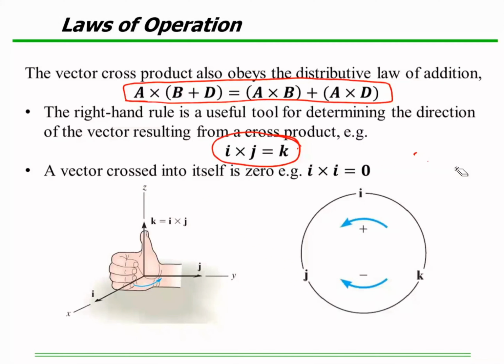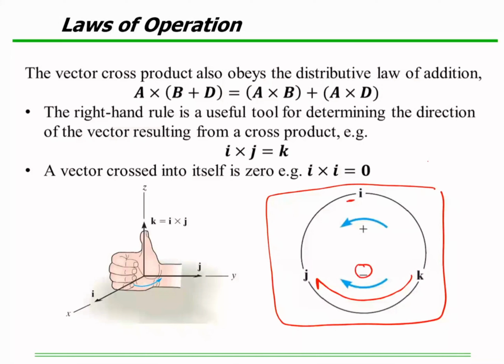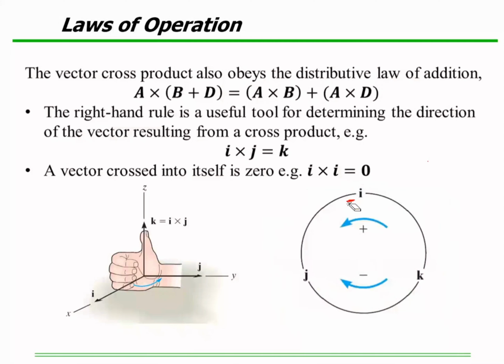And this is the diagram I want you to memorize. So if you do I cross J, the answer is K. When you do J cross K, the answer is I. Similarly, if you do K cross J, the answer is minus I, and so on. So remember this. This is a very good tool. So you will not get confused if you remember this.